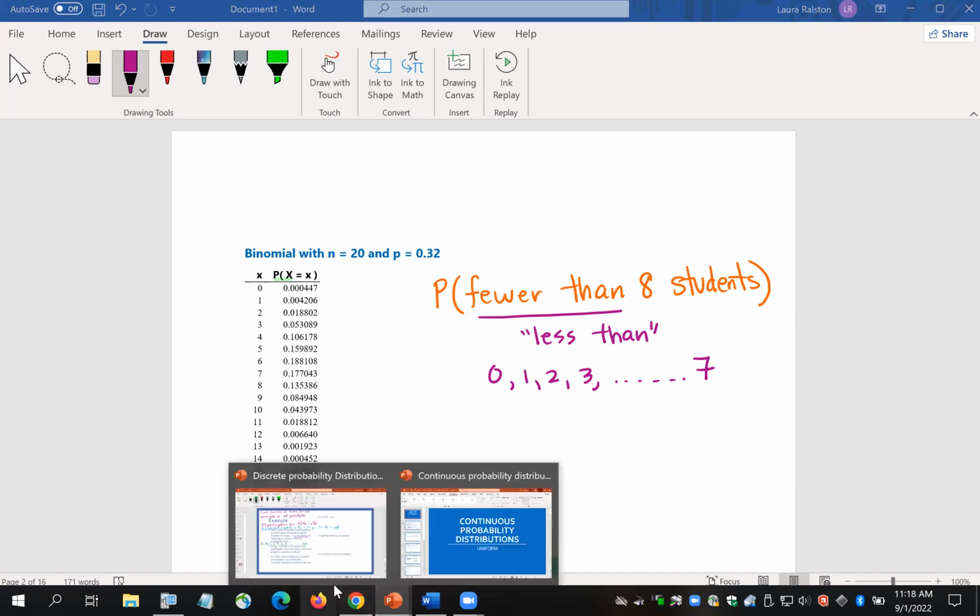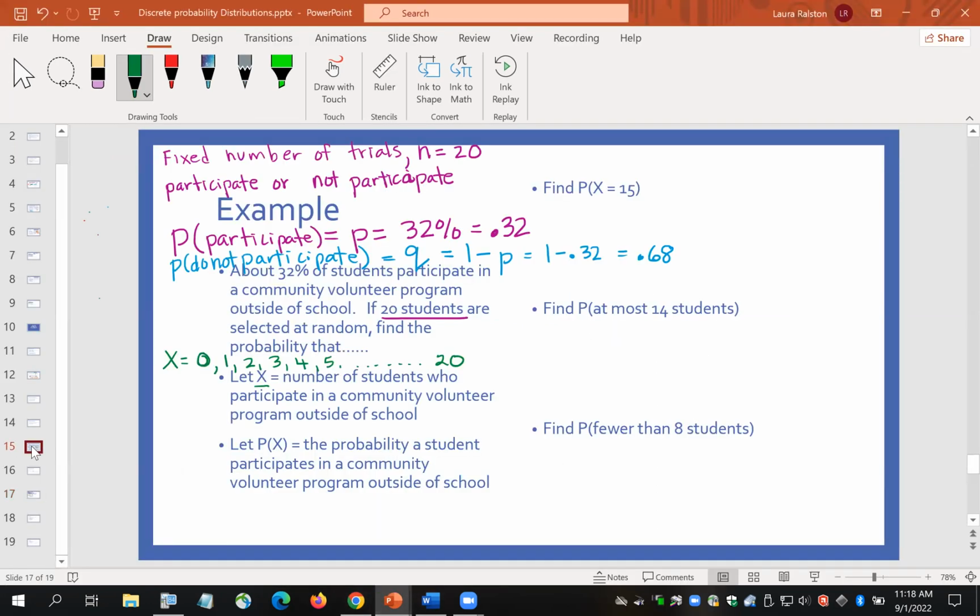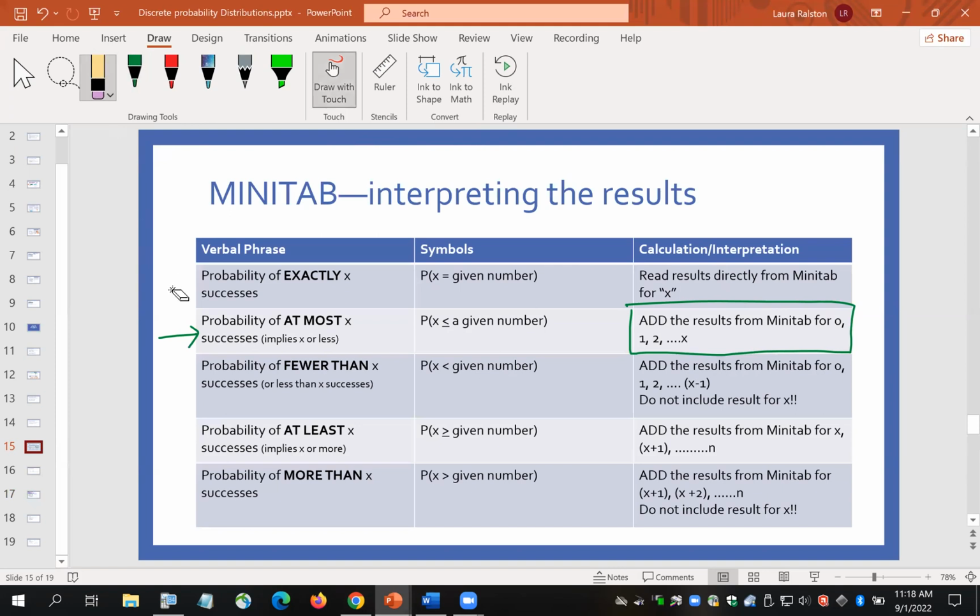Again, if you utilize the table, which I strongly encourage you to do, in this case we're looking for fewer than, which happens to be the third row. It tells you add the results from Minitab for 0, 1, 2, up to x minus 1, and it then emphasizes do not include result for x. So again, it tells you what to do.